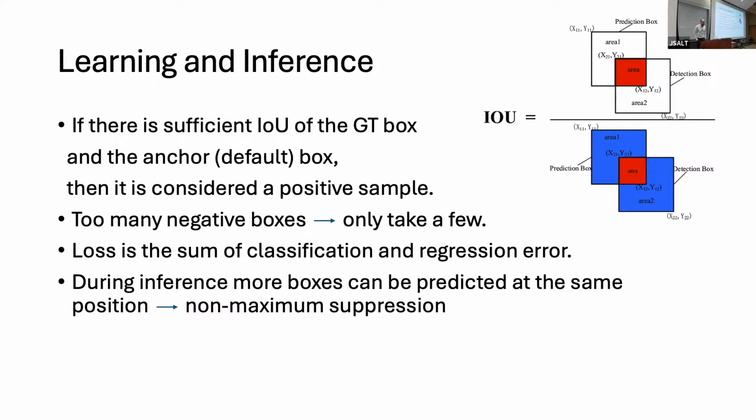And then the loss function is just the sum of the classification and regression error. For classification, you have categorical cross entropy, and for regression, you use smooth L1 loss. So L1 loss would be just this linear function, but the smooth one tells you that if you go close to 0, it becomes smooth in the sense that it becomes the L2 norm.